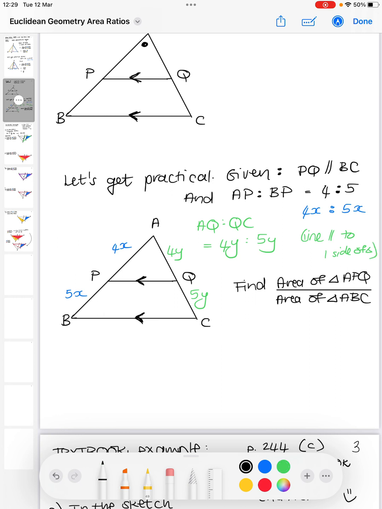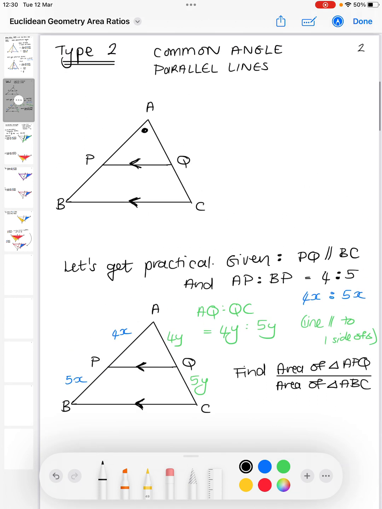And when they get to the question, find the area of triangle APQ to the area of triangle ABC, we are now going to say, oh, I never actually wrote the rule down. The rule is that if you need to find the area of the small triangle, which is triangle APQ, over the big triangle, which is triangle ABC, then it equals the sides squared over sides squared.